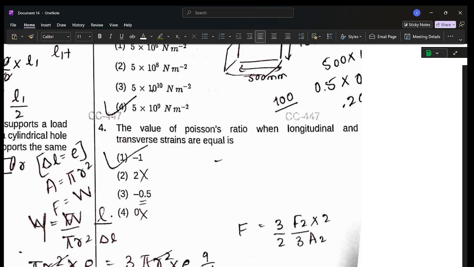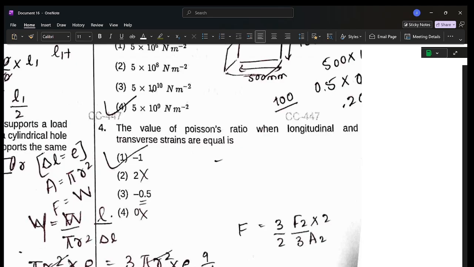ChatGPT is telling me it's a very important topic and people usually forget it. Is it? Okay, let's see. So it's telling me it's a very important NEET topic and it's giving me a full NEET explanation.